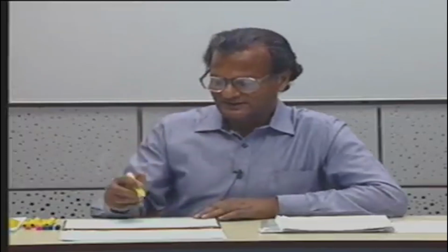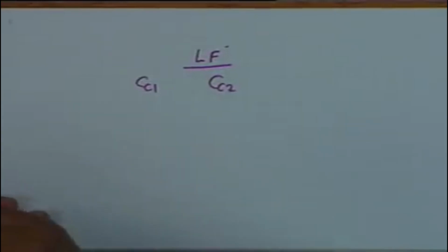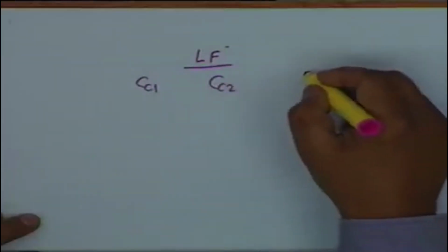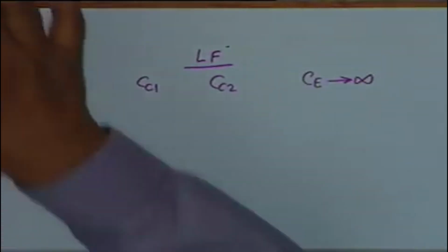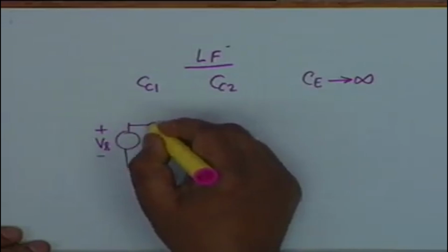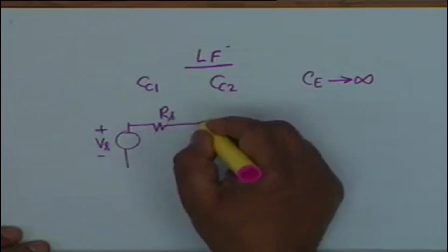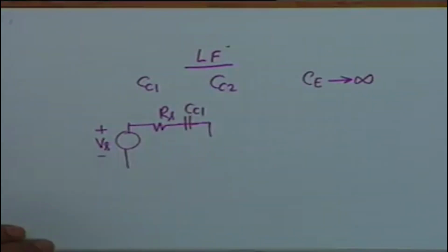We shall be a little more flexible, we will say two at a time. Let us take the effect of CC1 and CC2, which in effect means that CE we are assuming to go to infinity. The largest possible CE we put there, and therefore we look at the effect of CC1 and CC2 only. If you draw the equivalent circuit, then the RMS value of the signal Vs, then there is a CC1, the coupling capacitance.